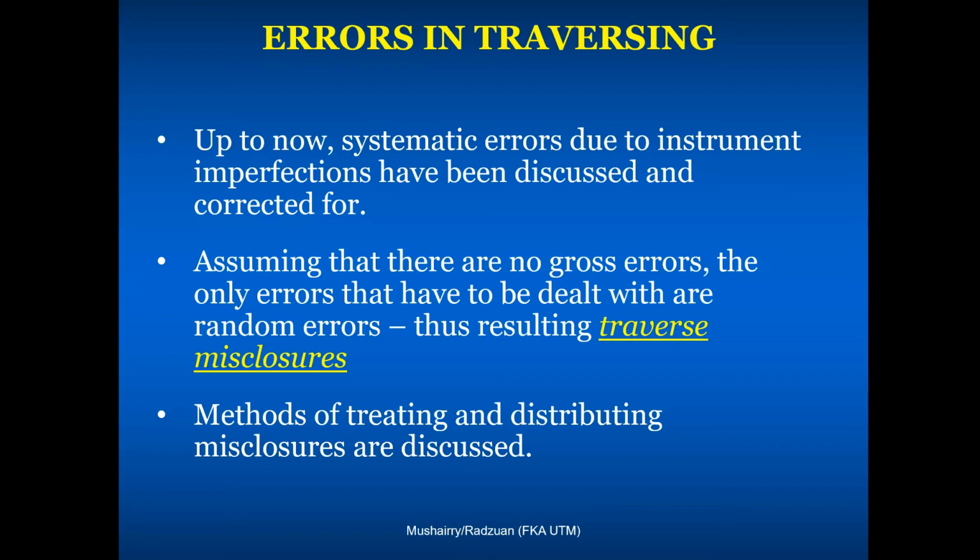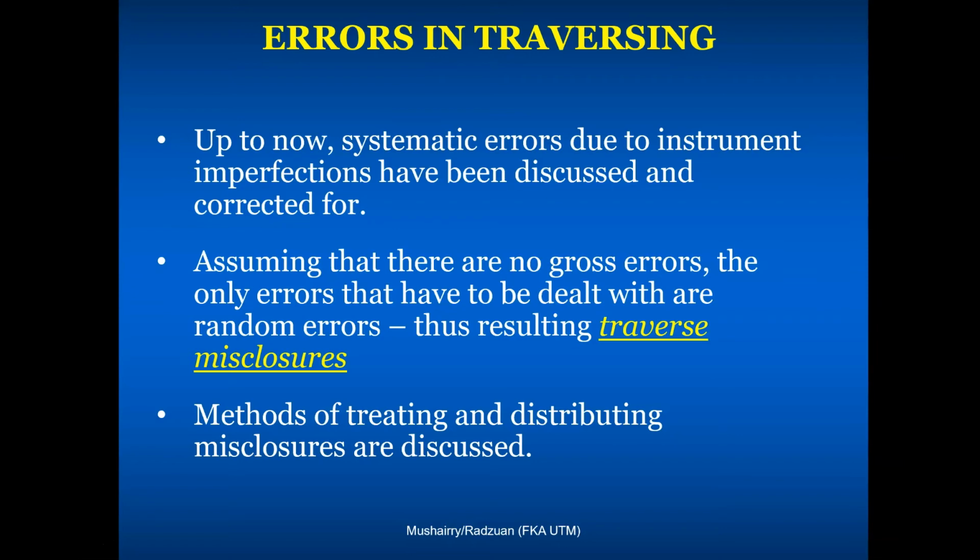Up to now, we've talked about collimation error. That is basically systematic error, and it can be corrected. If we just observe in both faces, highly likely the collimation error will be eliminated.